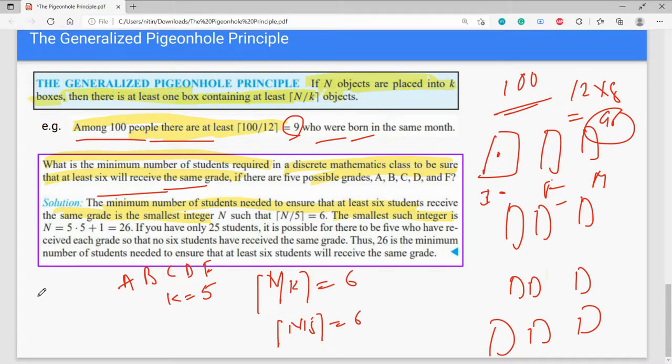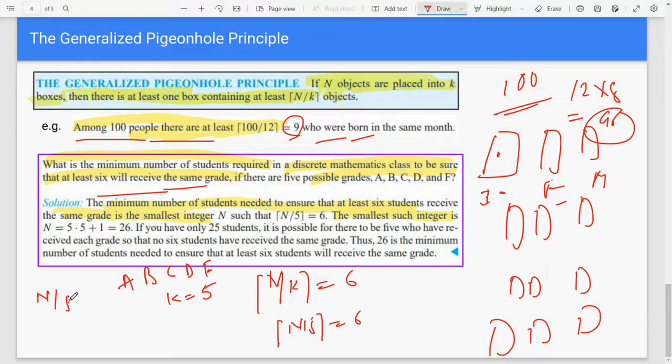So obviously let's say n by 5 is equal to 6. This is the ceiling. So what is the minimum n? You need to choose such an n that is going to contain this particular thing.